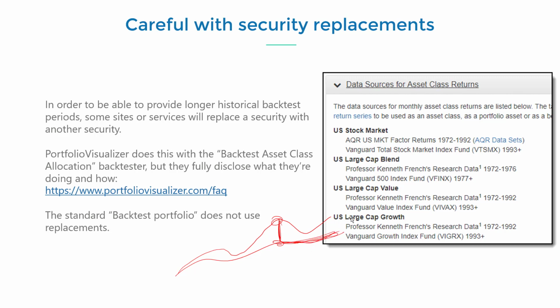That will tell you the security replacement is valid, or as close as you can get to valid. So nothing wrong with it, but ideally you want to know what those security replacements are and the year periods, so that you can validate that it's accurate for your own testing.